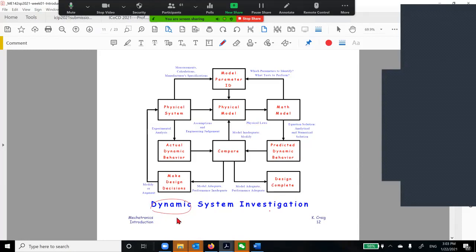For example, your room temperature is a dynamic system, and it has a behavior. It changes, but I hope it will not change. It will keep at 70 Fahrenheit.